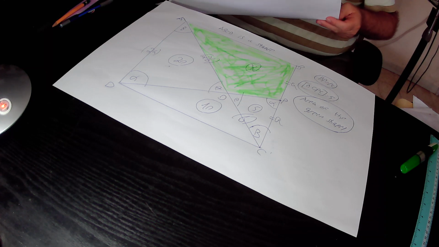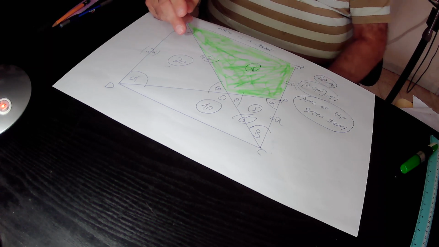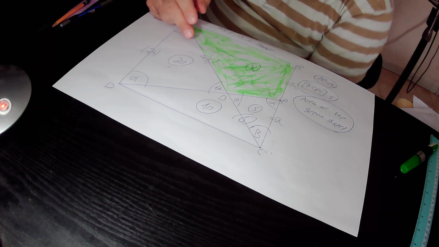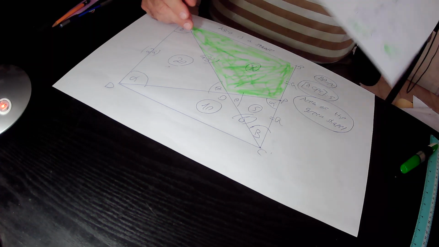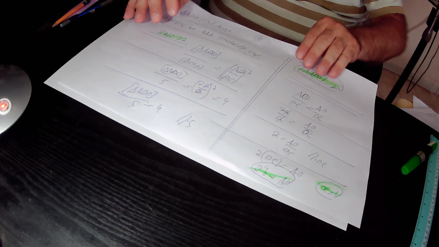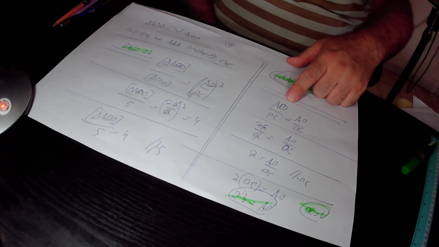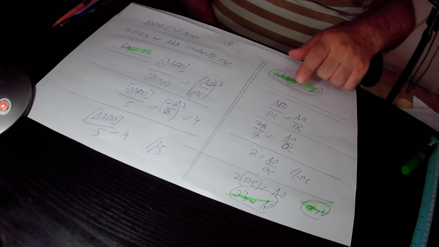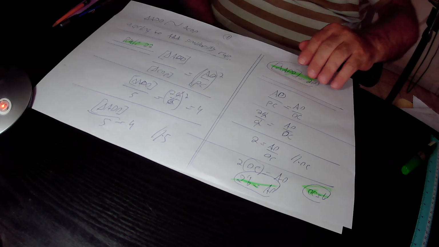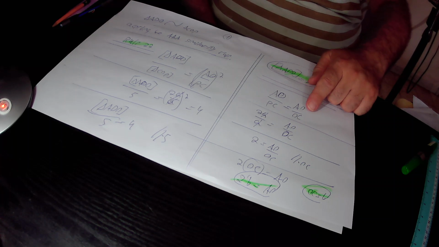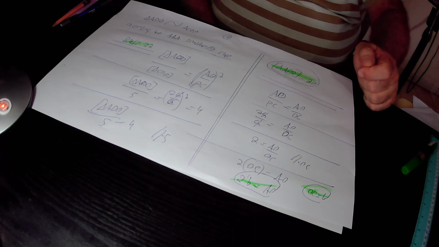And again, because those two triangles are similar to each other, the following relationship exists between their sides: side AD of triangle ADO over side PC of the small triangle COP is equal to side AO of triangle ADO over side OC of triangle COP.